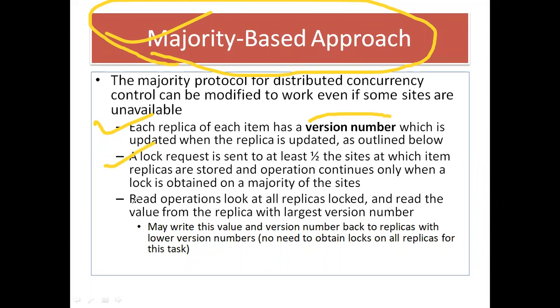Read operations look at all the replicas locked and read the value from the replica with the largest version number. This version number plays a very important role here. It may write this value and version number back to replicas with lower version numbers. There is no need to obtain locks on all the replicas for this.